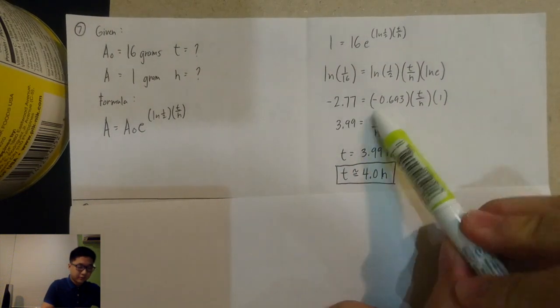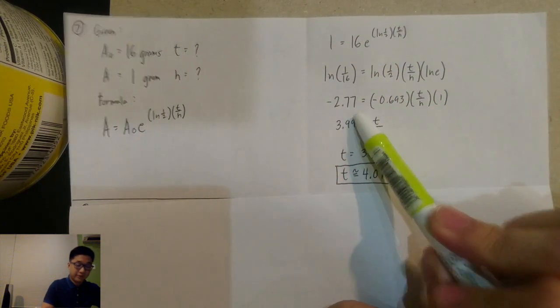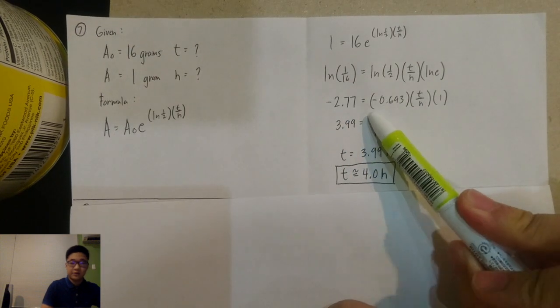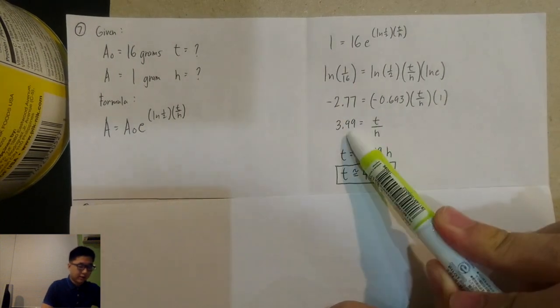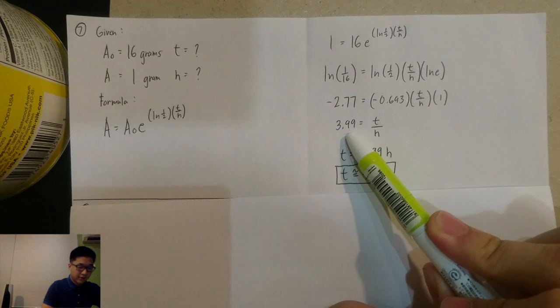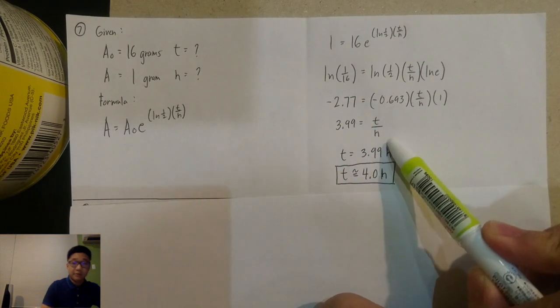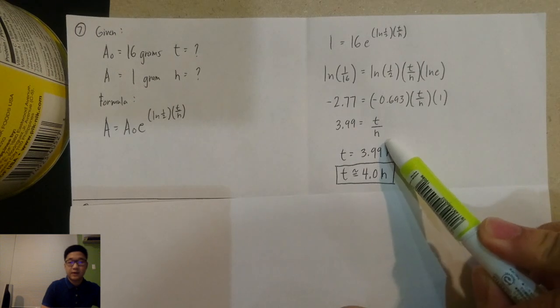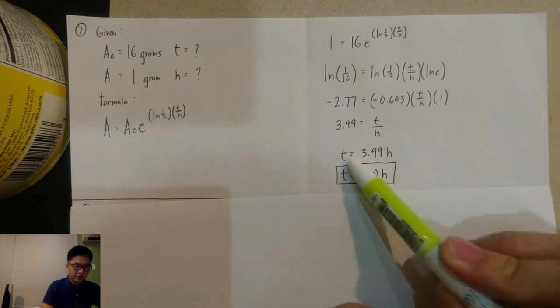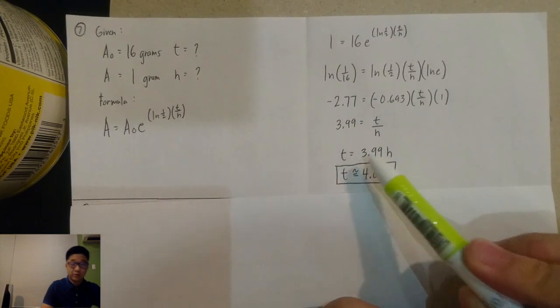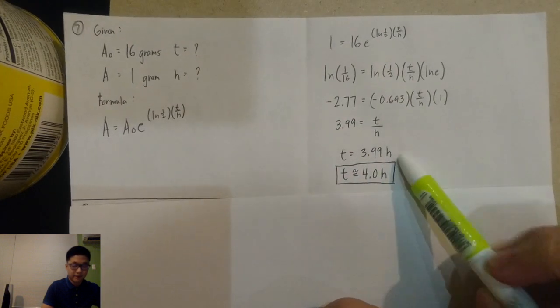So negative 2.77 divided by negative 0.693 is equal to 3.99. And we have to find t in terms of h because the question asks how long. So t is equal to 3.99 h.